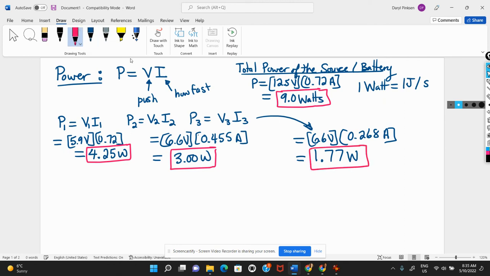And when you do this for all of the resistors in your circuit, P1 plus P2 plus P3 equals, well, you can kind of do this in your head, can't you? 4.25 plus 3 plus 1.77 is 9.0 watts.